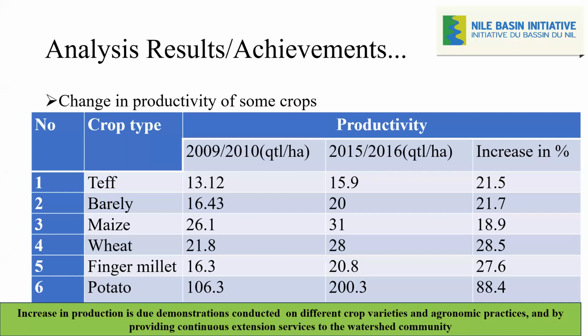When we see different crop varieties, there is really change in terms of productivity as a result of intervention of this project through demonstrations conducted on different crop varieties and agronomic practices, and by providing continuous extension service to the watershed community. So really it's a big progress in terms of productivity of different varieties of crops in this intervention area.